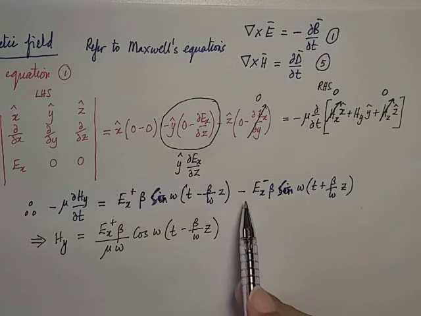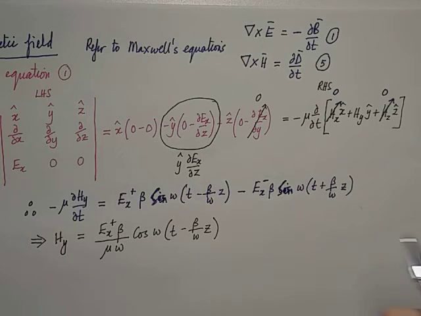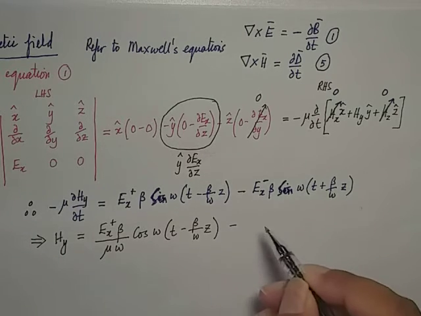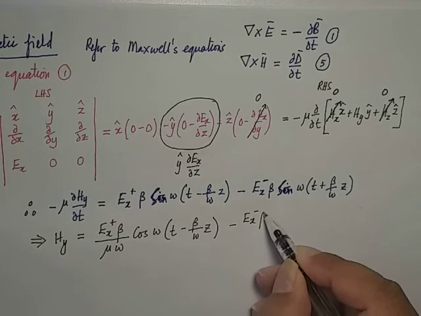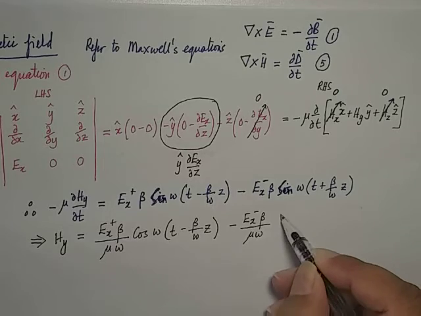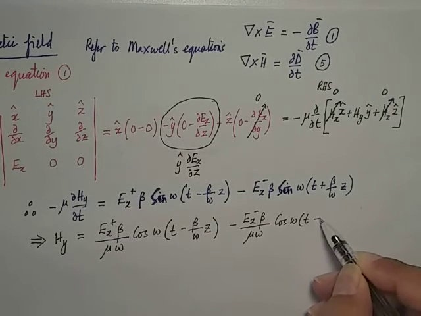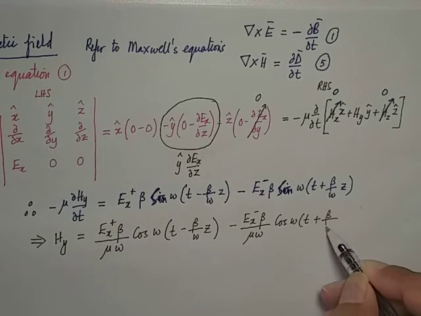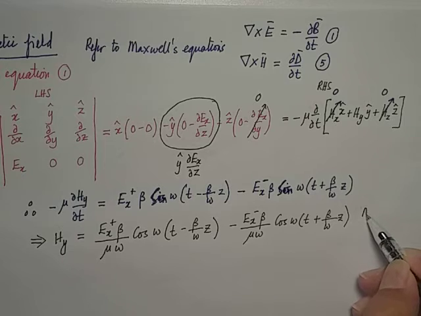Okay, negative becoming positive, when we integrate, we're going to have negative cos. What we're going to have here is negative: Ex negative beta over mu omega cos omega t plus beta over omega z. The unit here should be ampere per meter. Okay, so that's done.